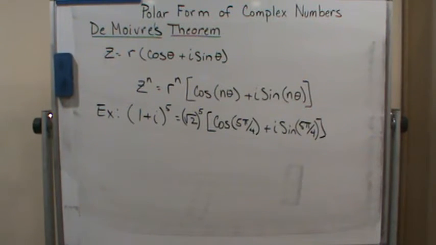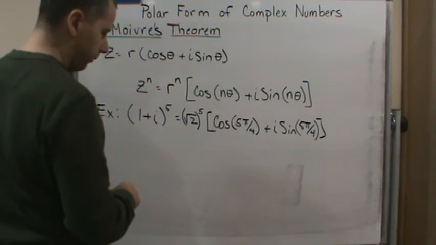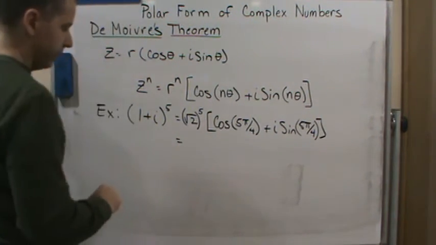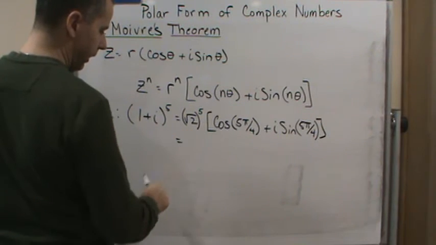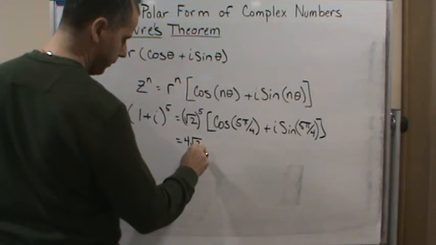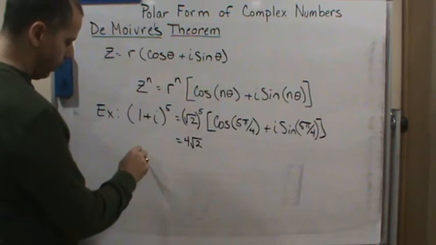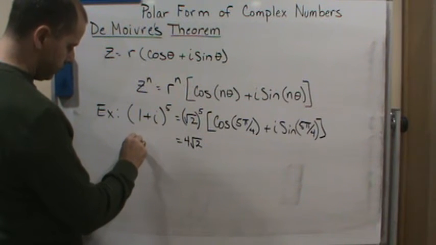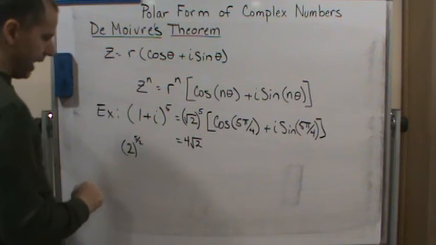Okay, so now what do we do? Well, now we can start simplifying this. This is going to be 4 root 2. How do I get that? Well, remember, we can write this as 2 to the 5/2 power.